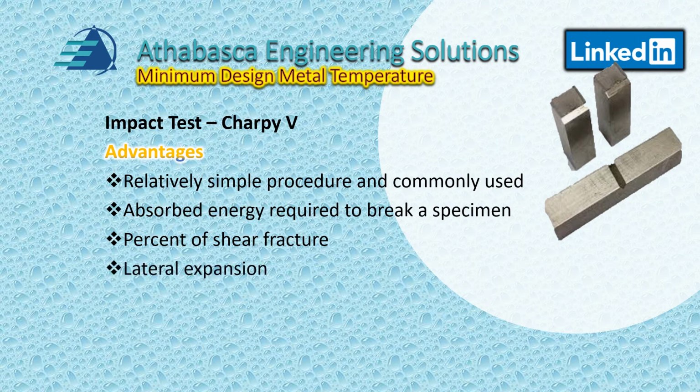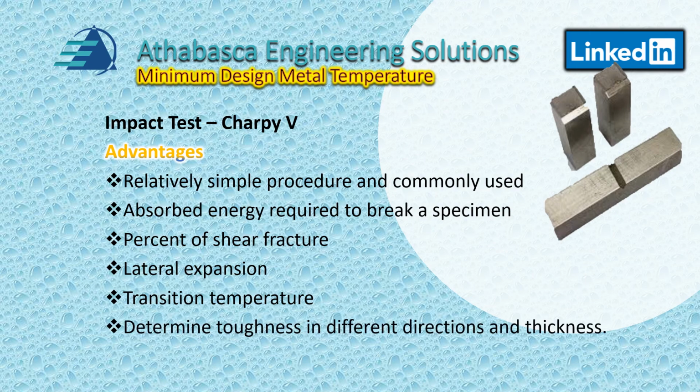It gives an indication of lateral expansion of the material, and it clearly shows where the transition temperature is, which is really critical, because then you can push your material a little further if you know exactly where that transition temperature really is. And it determines the toughness in different directions.